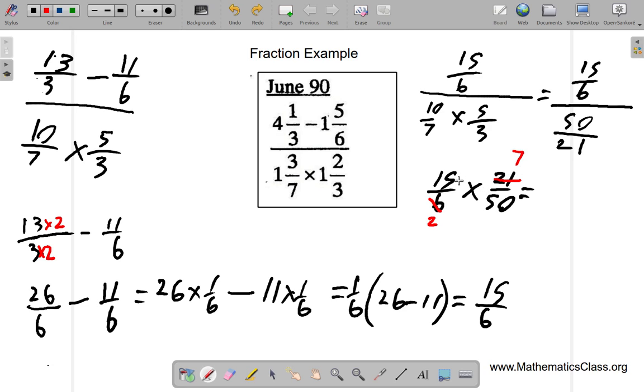Alright? 5 into 15 is 3. 5 into 50 is 10. So what you have here is 3 over 2 multiplied by 7 over 10. You see that? So what do you end up with?